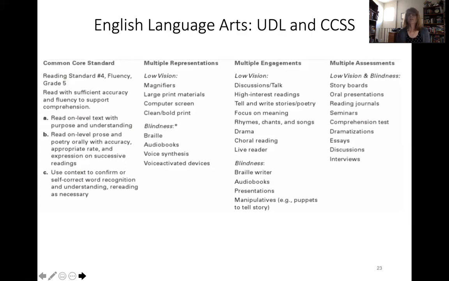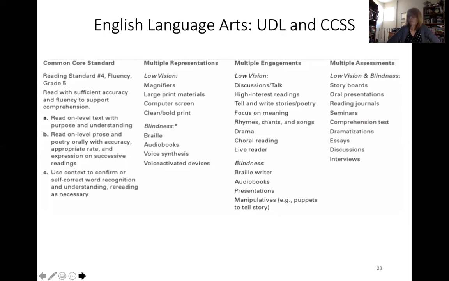Engagement, if you again look at this, is how do we support students in any type of reading goal to understand the context of what they're reading. We may have a discussion. We may look at writing stories or poetry.